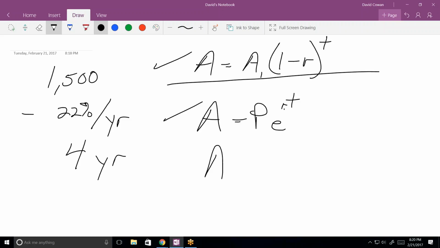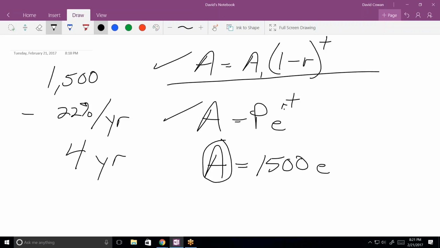We're going to figure out what its amount is at the end of 4 years. Well, tell me what I should fill in here. For the amount? That's what we're going to solve for. We want to know what the car is worth at the end of 4 years, right? Okay, what's P? So P is 1,500, right? E is just a number.